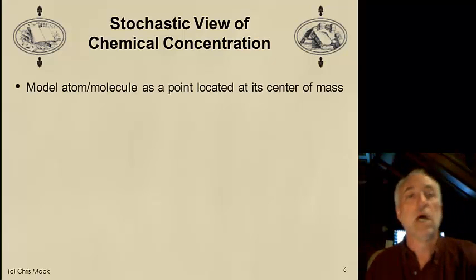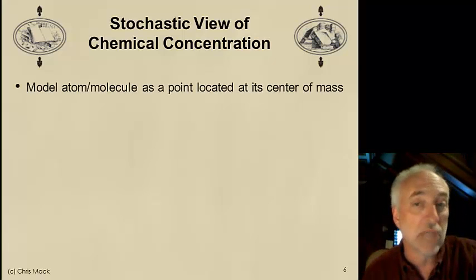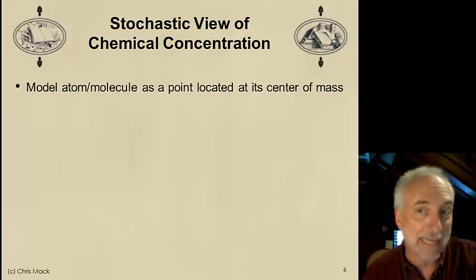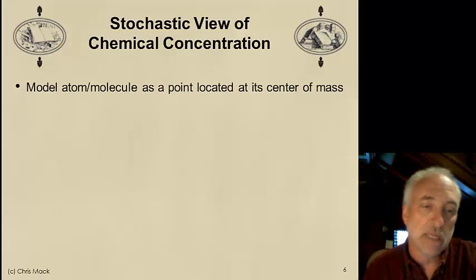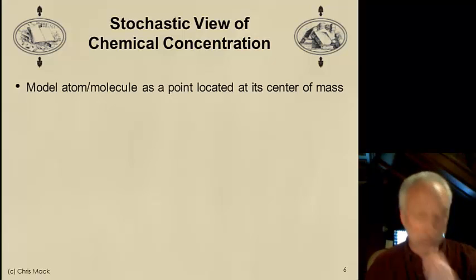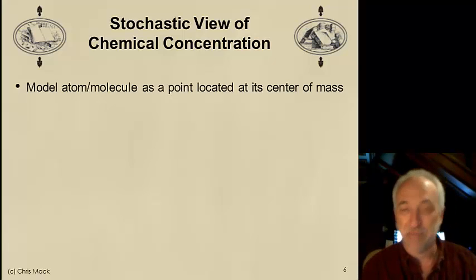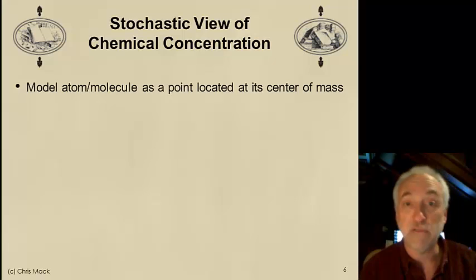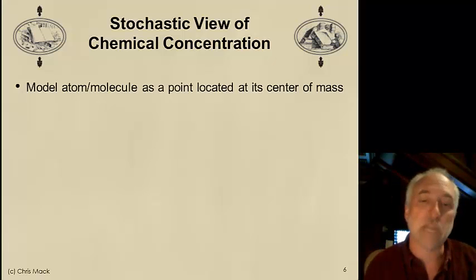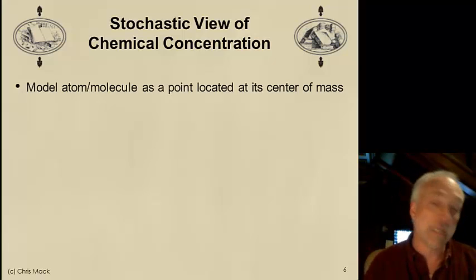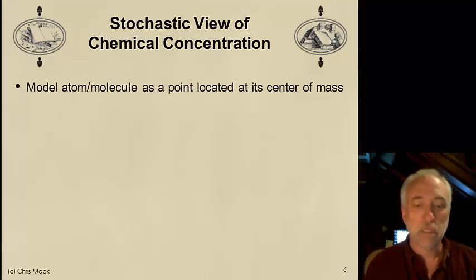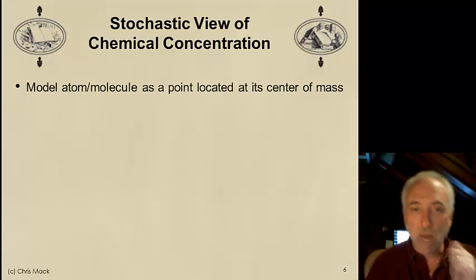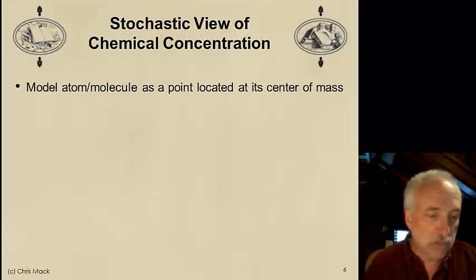Here's what I'll do. I'll model my atoms or molecules as a point located at its center of mass. Now, this is obviously a reasonably poor approximation because we know all atoms occupy volume. But I'll assume I have dilute solutions. A gas is a perfect example, but even liquids or even solids where the molecule of interest is dilute.